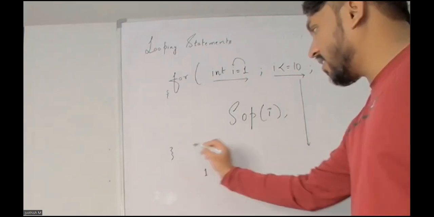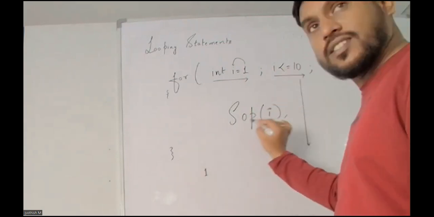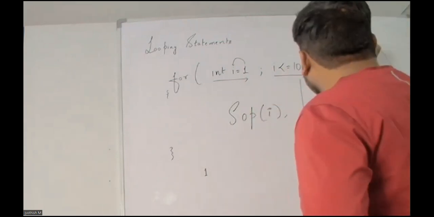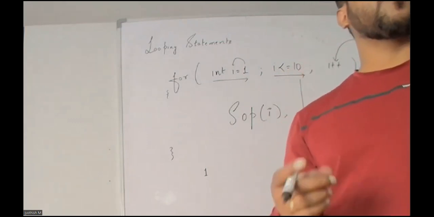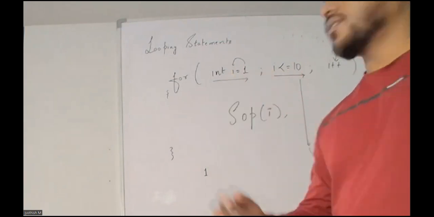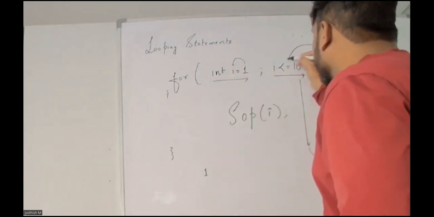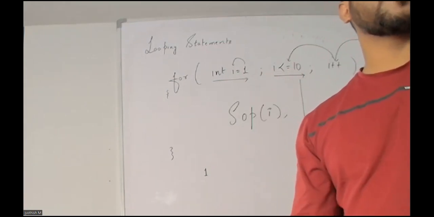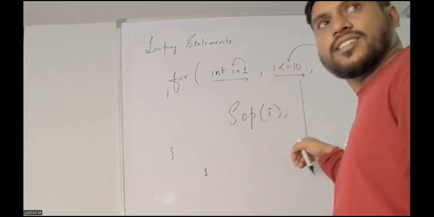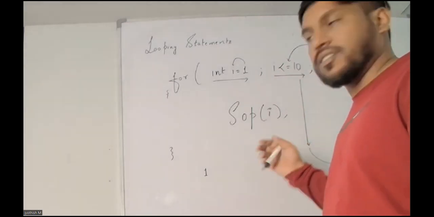After the execution of this line, it will go to the increment. The i value becomes 2. Next it will check the condition: 2 less than or equal to 10, true or false? Again go inside and print 2.